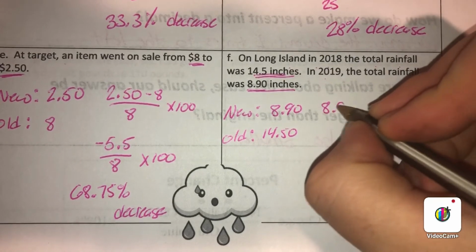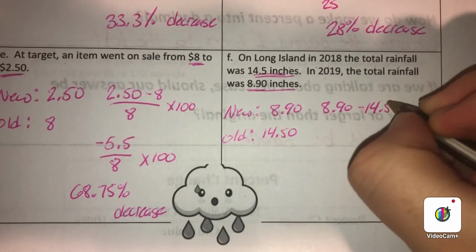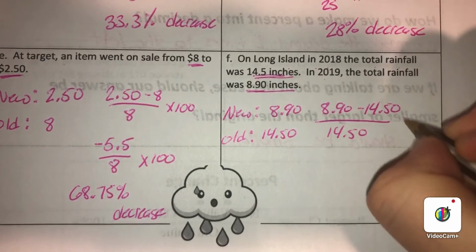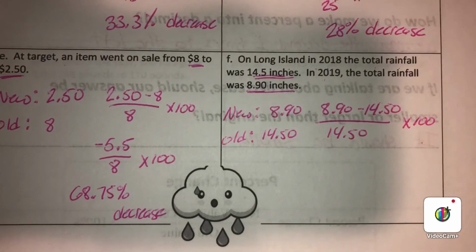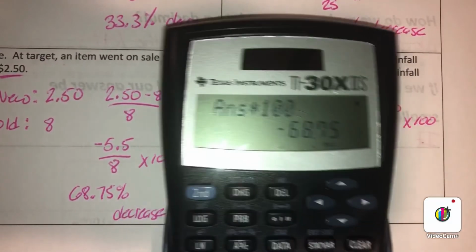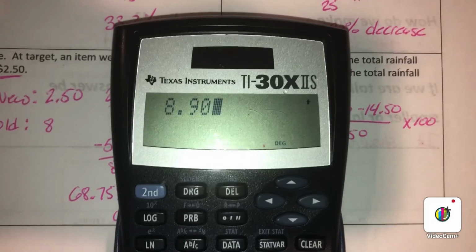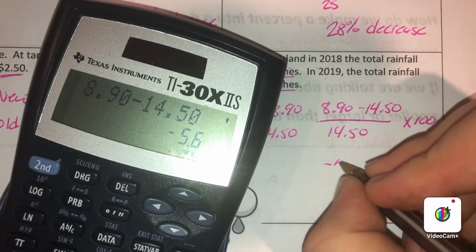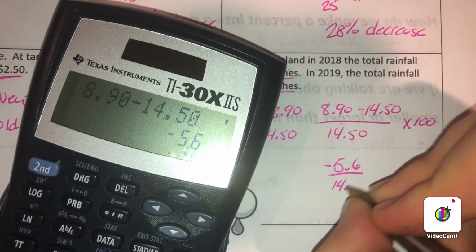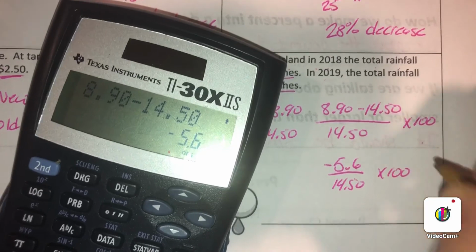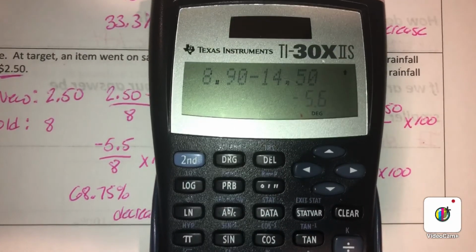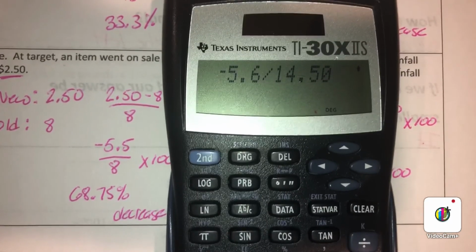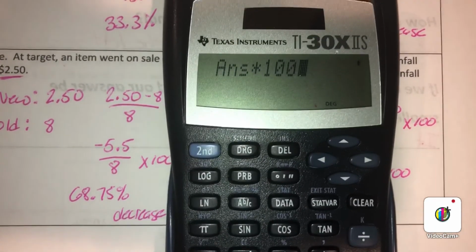So 8.90 minus 14.50 divided by the old, which was 14.50, times 100. 8.90 minus 14.50, you get negative 5.6, divided by 14.50, times 100.